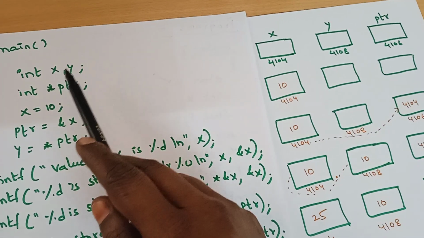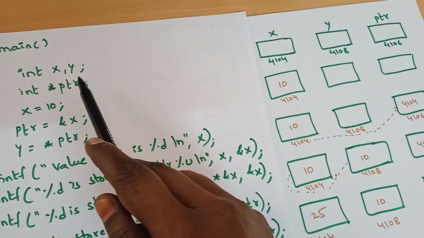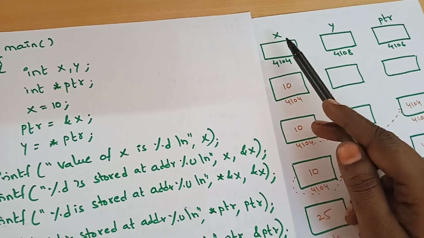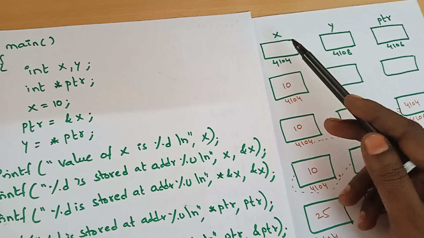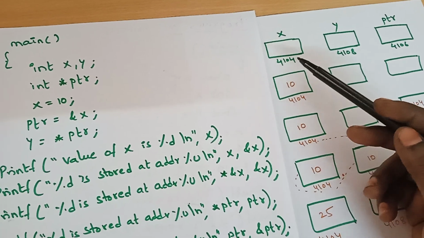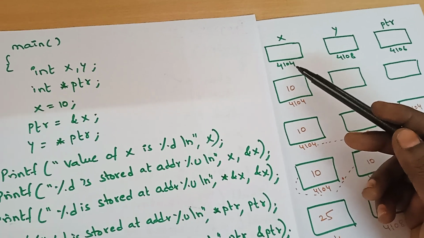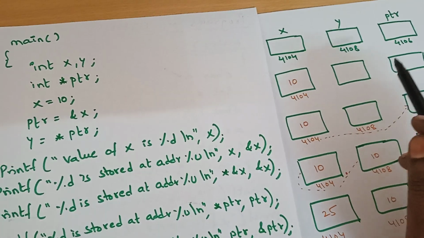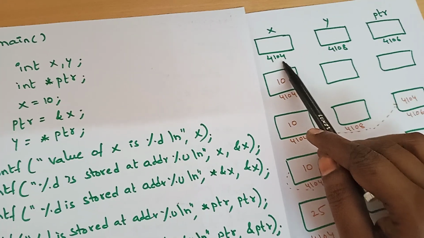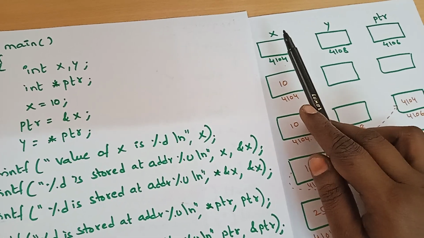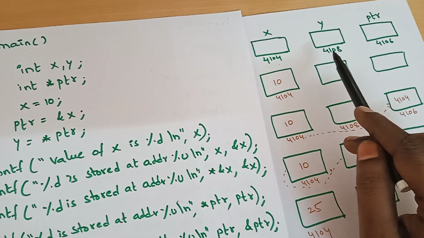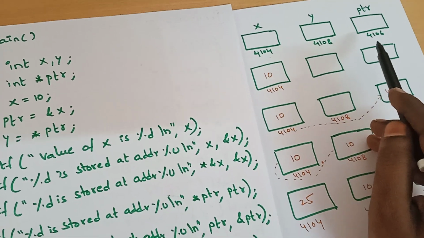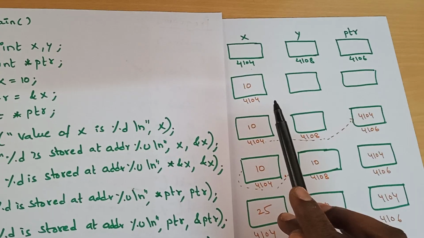The moment you give these two lines of code, memory will be allocated. x is available at memory location 4104, and these memory locations will absolutely differ from system to system. 4104 is the location where x is available. 4108 is the location where y is available. 4106 is the location where ptr is available.